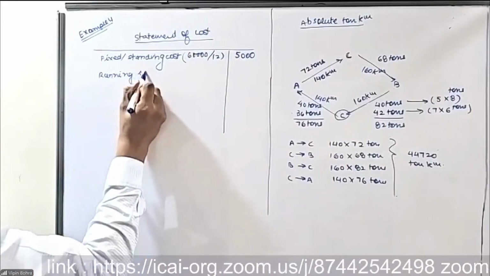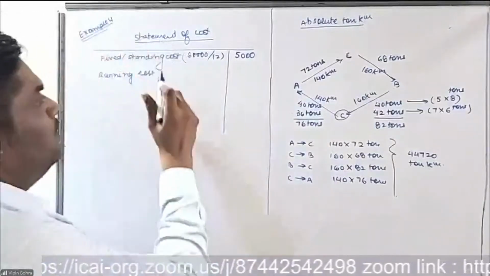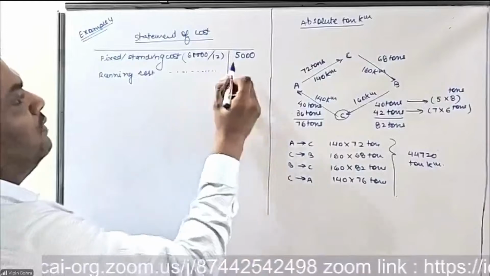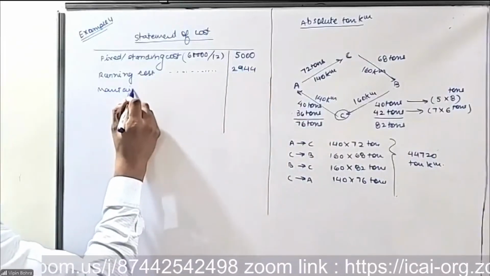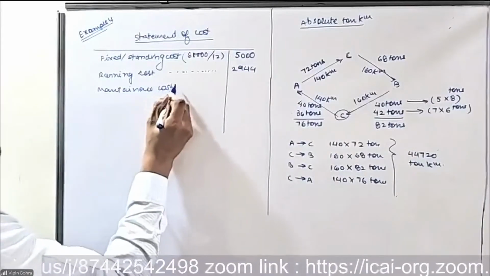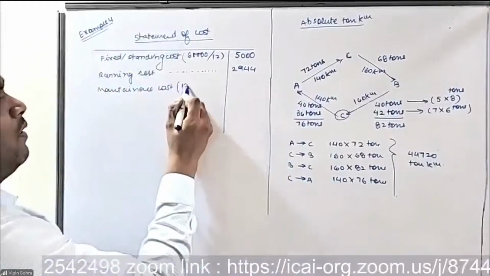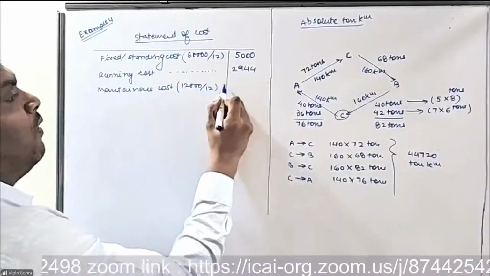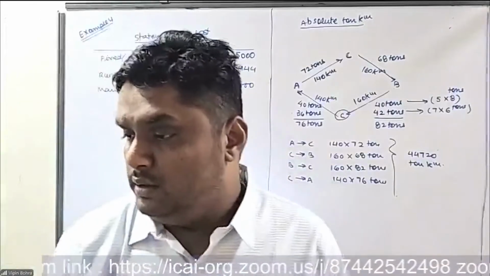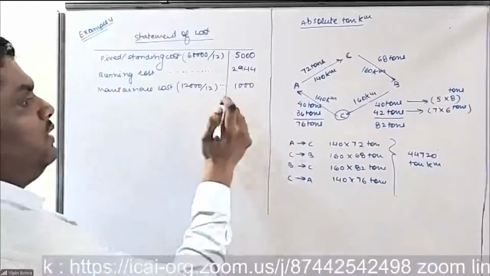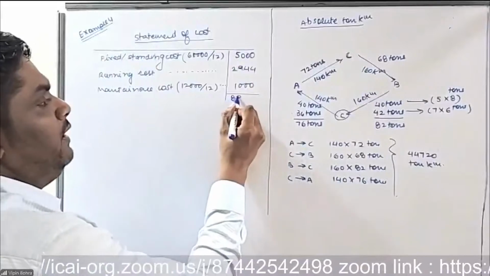Running cost is given, that is 2,944. And maintenance cost is given, that is 12,000 divided by 12, that is 1,000. So we'll get the total cost 8,944.